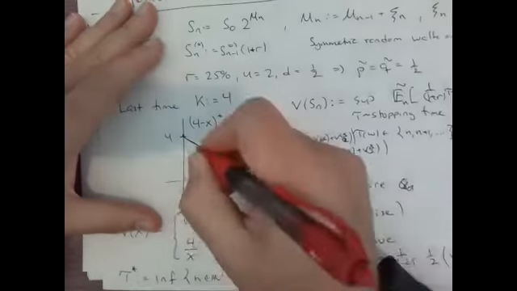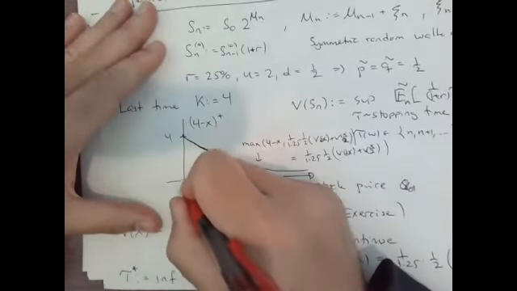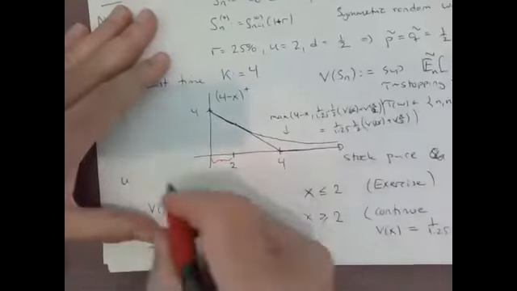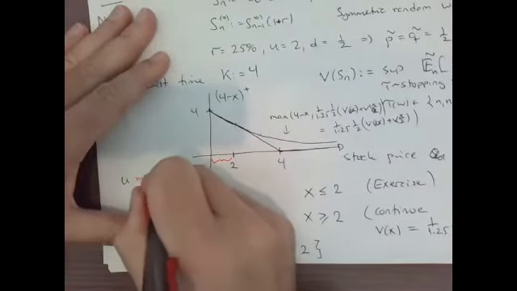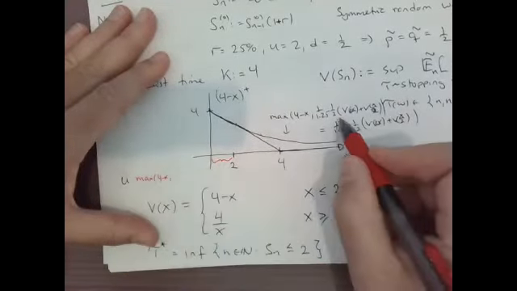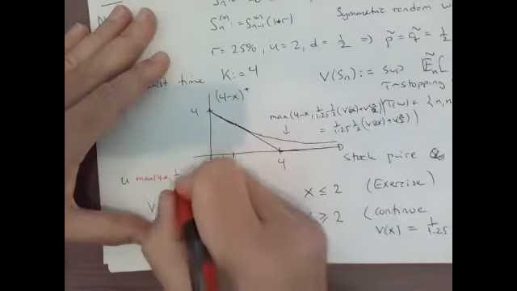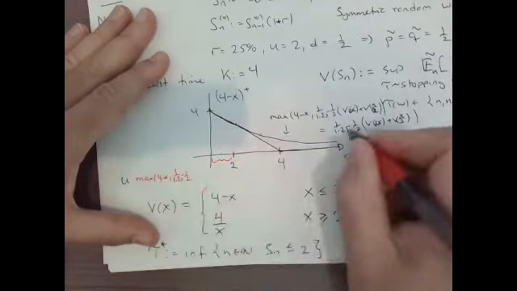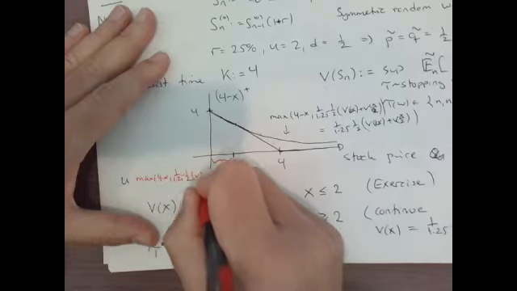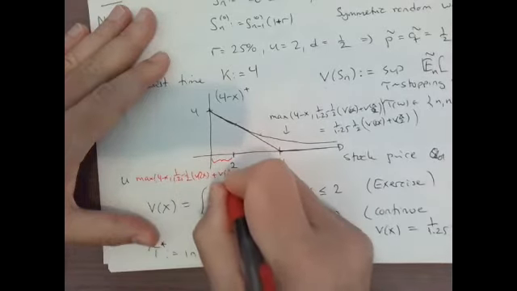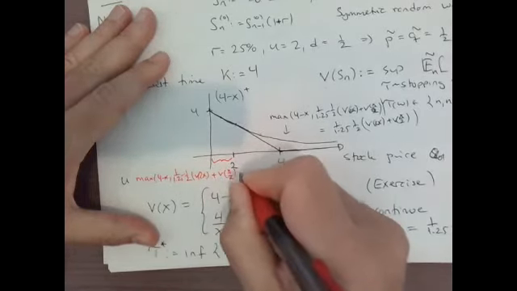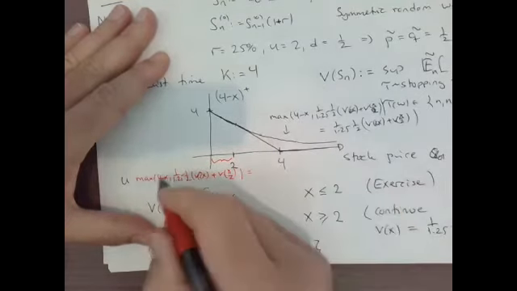And in the other region, the max over 4 minus x and 1 over 1.25, 1 over 2, V of 2x plus V of x over 2, is exactly equal to 4 minus x.